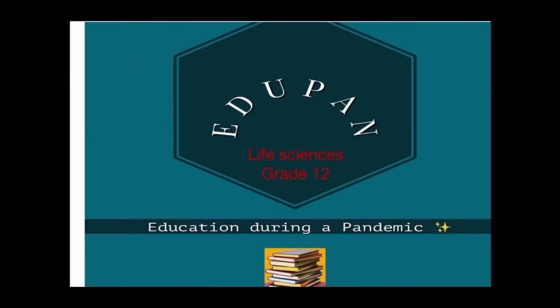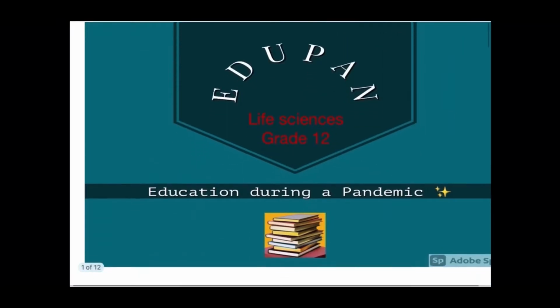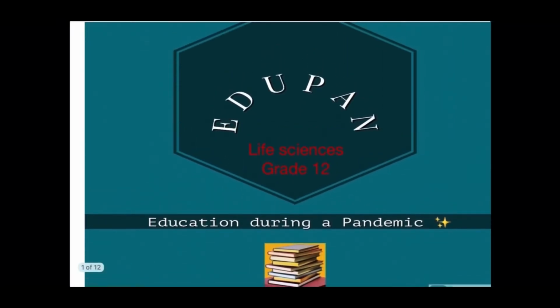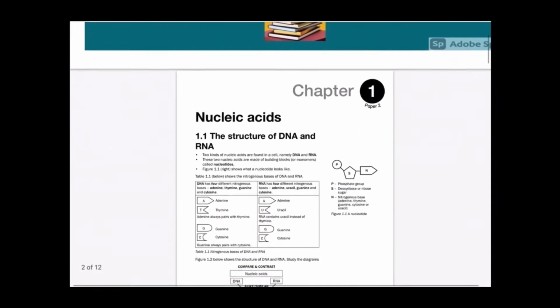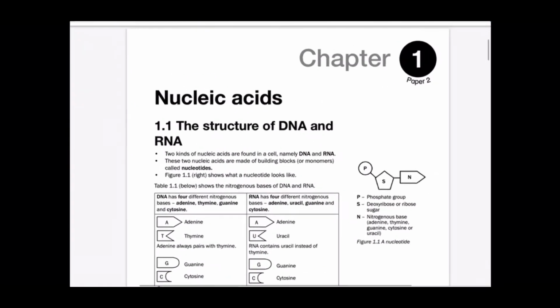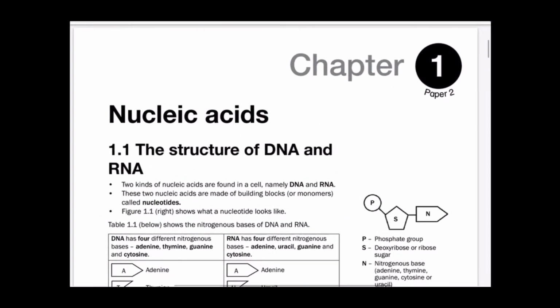And this episode is about Life Sciences Grade 12. We will basically be dealing with nucleic acids. There are basically 3 chapters that you will need to do for the first term. The first one will be your nucleic acids. The second one will be meiosis, which is cell division.